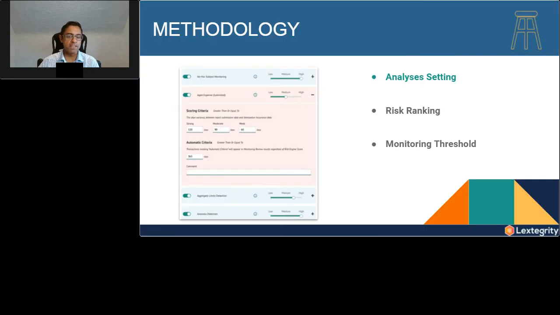So let me just jump in here to the 3 core components of methodology. For us, that's the setting of the analyses, the risk ranking of transactions, and then the setting of a threshold above which transactions are reviewed from a monitoring perspective.